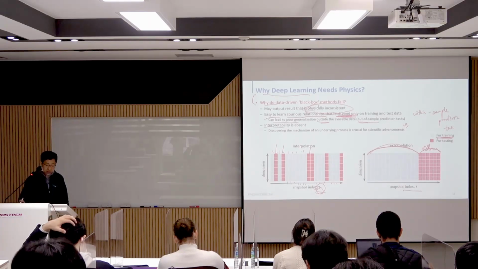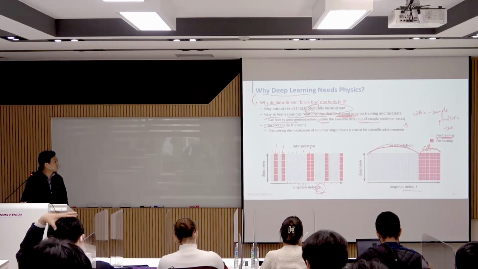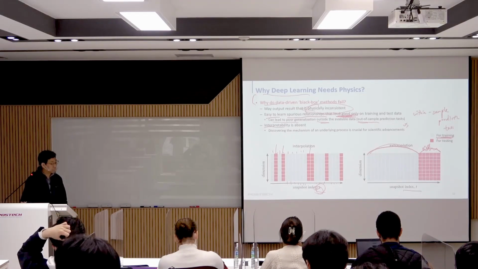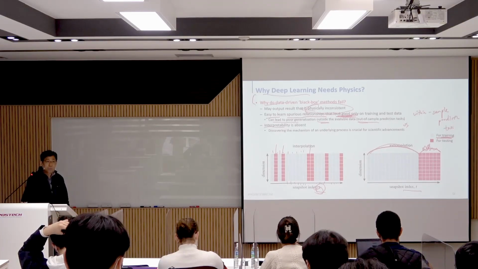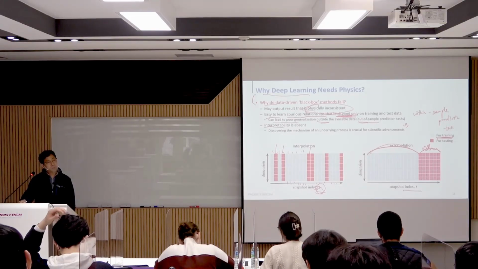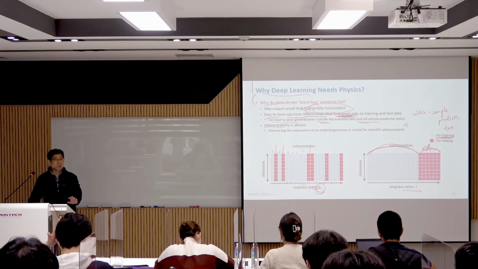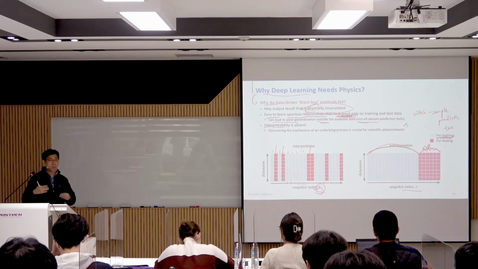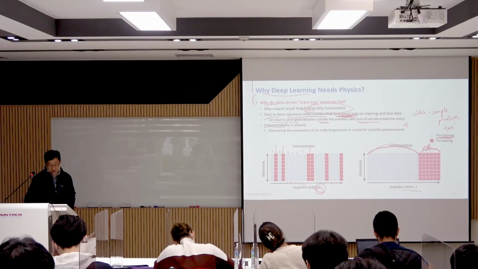Again, interpretability is absent. If you think about a lot of engineering or scientific problems, what the deep learning model says is, give me the data set, and I'm going to give you some kind of approximated function based on the data set.